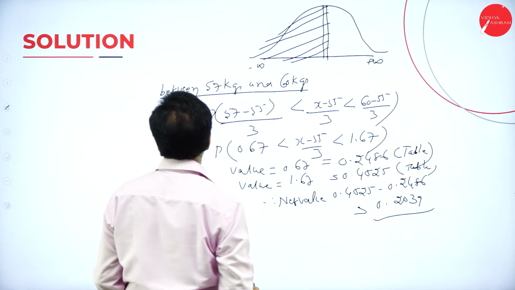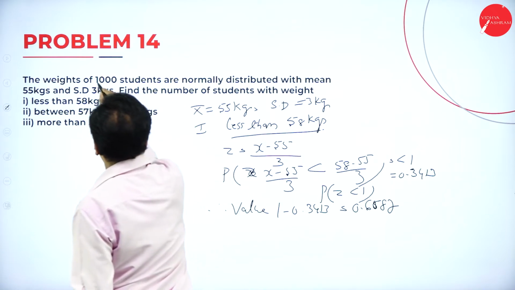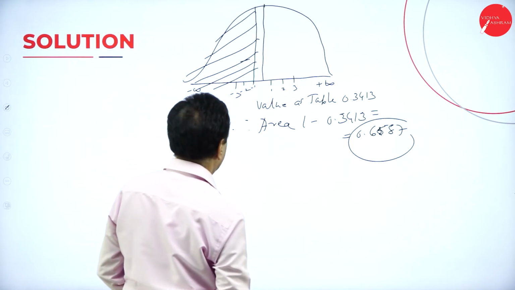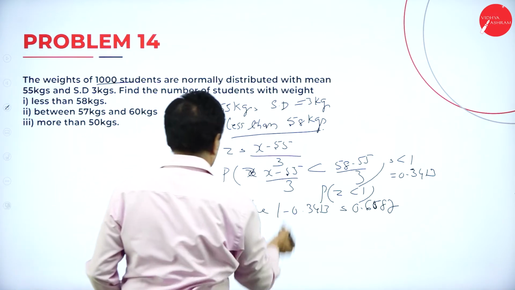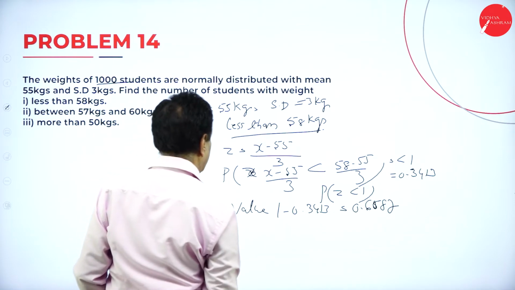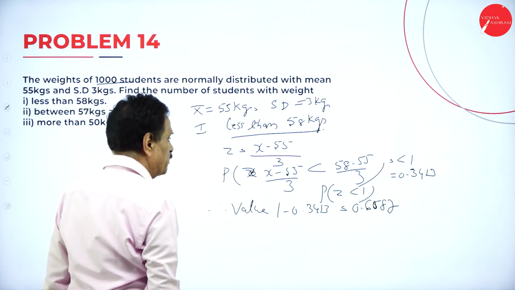You have to write it like this. Now there are 1,000 students. For the first one, 58 kgs, the value is 0.6587.